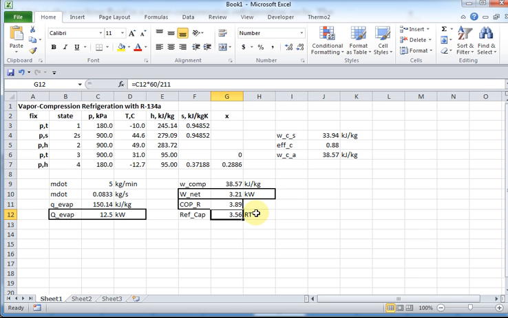Well, 1 refrigerant ton is 211 kilojoules of cooling per minute. So this is basically calculating the refrigeration capacity of this system. It's 3.56 refrigerant tons. So that's what this is on the side.